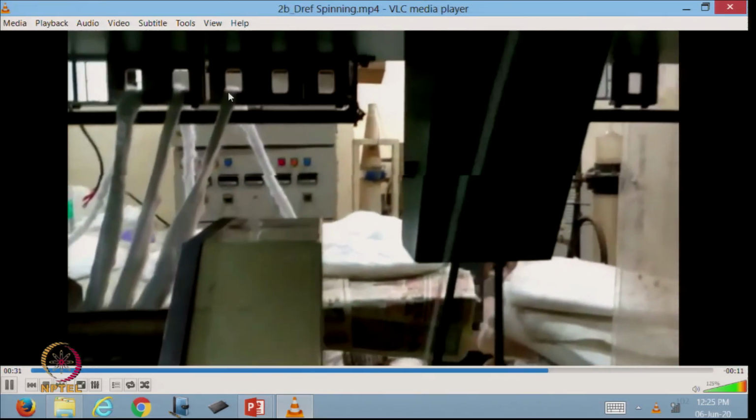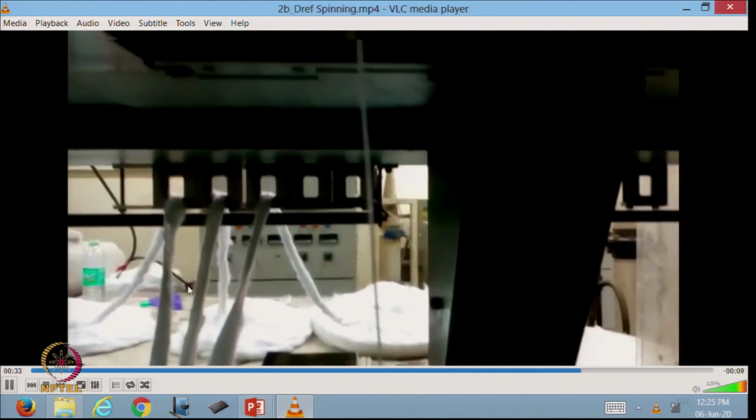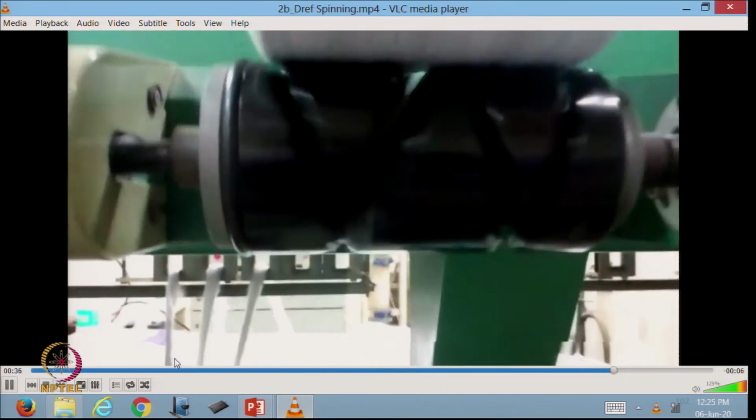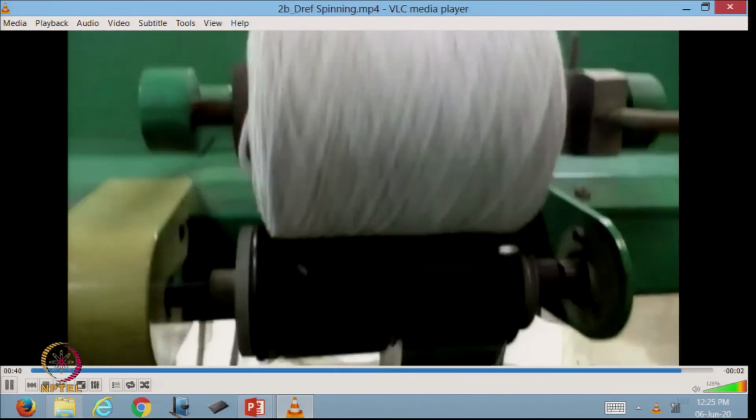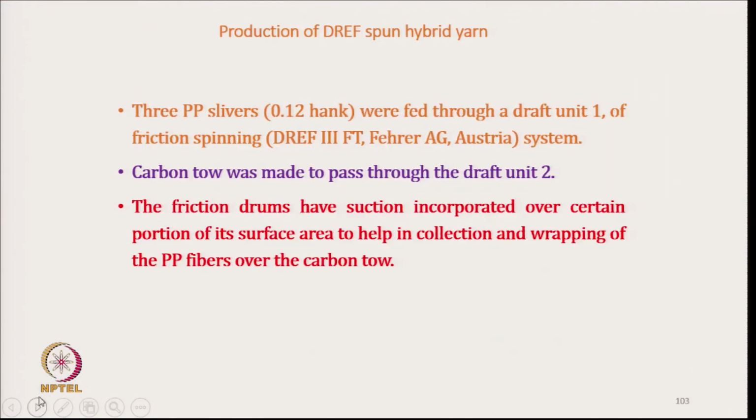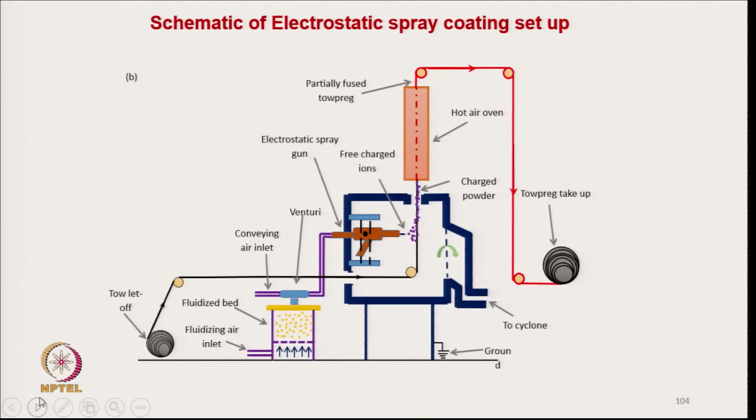This is the sliver, going to the drafting unit, and finally we get the hybrid yarn. So, these are the different parameters used.